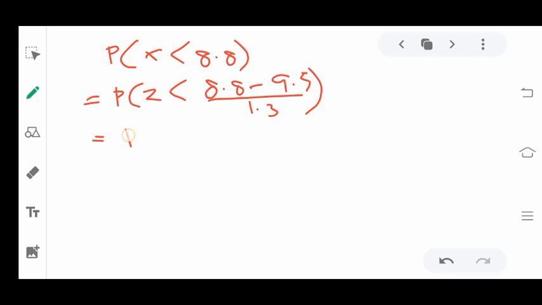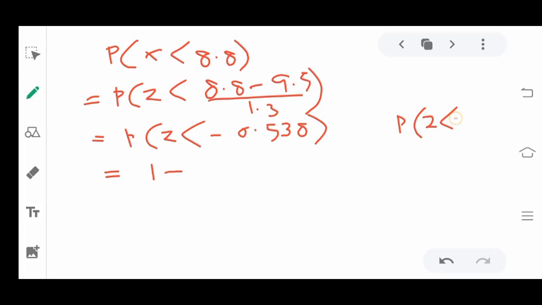When you calculate this, we get P of z less than negative 0.538. You know P of z less than negative a is 1 minus phi of a.